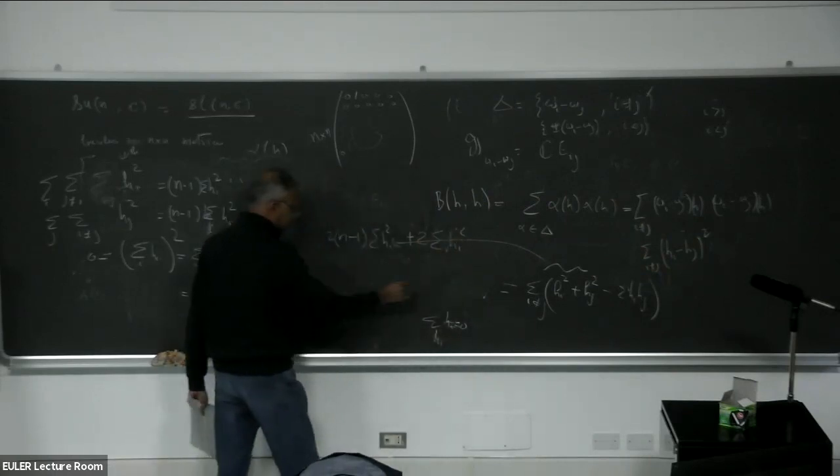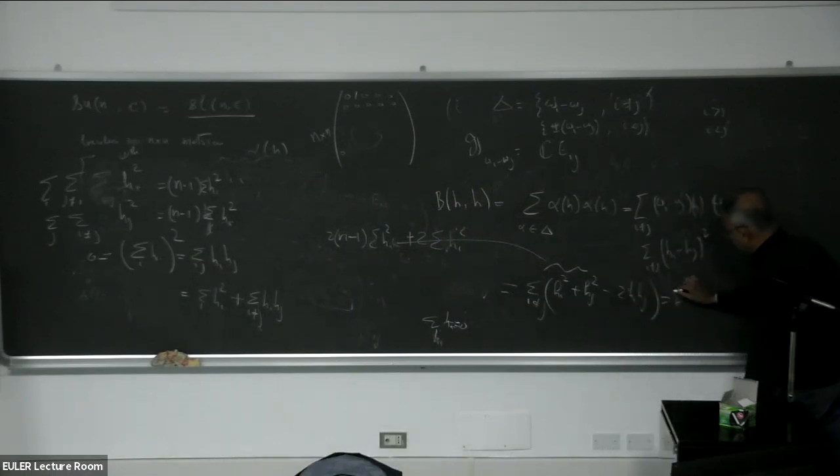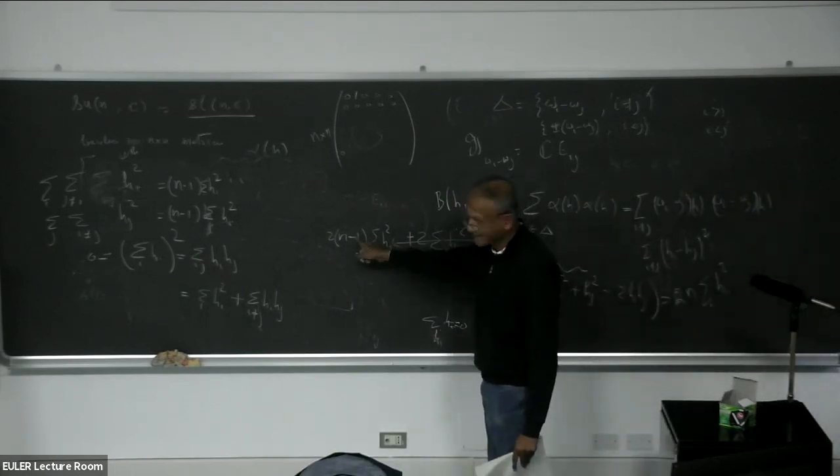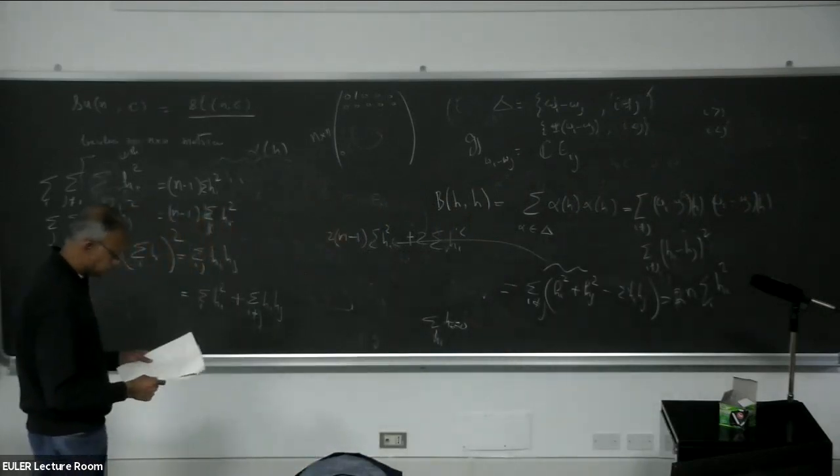So altogether, the 2 cancels with the minus 2, and you just get 2n times the sum over hi square. So that is the B(H,H).